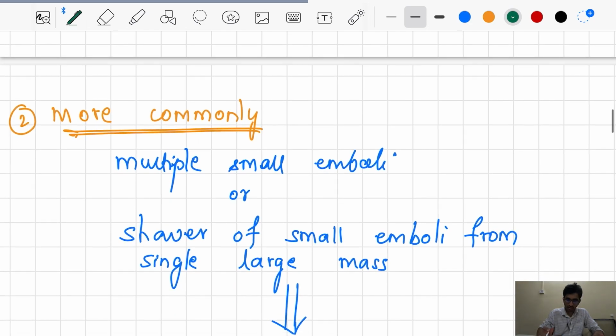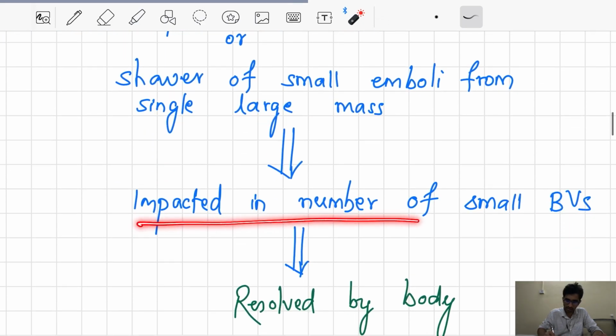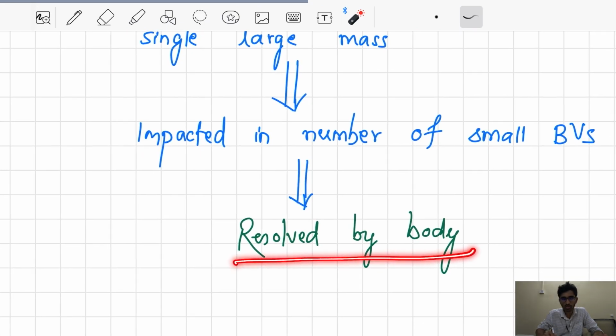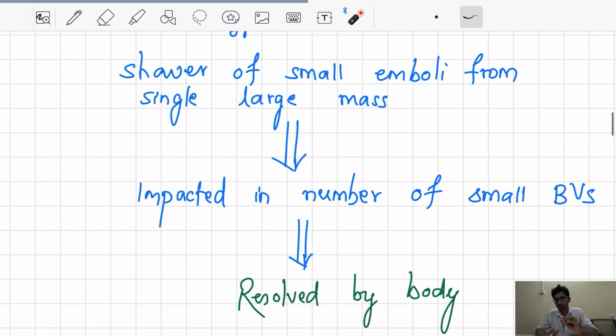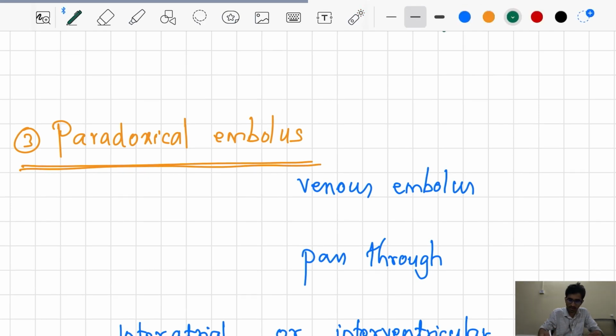More commonly, what happens is multiple small emboli or a shower of small emboli from a single large mass. These get impacted in a number of small blood vessels and are resolved by the body. These small thromboemboli are resolved by the body. They are mostly clinically silent. And the third thing which can happen is paradoxical embolus.